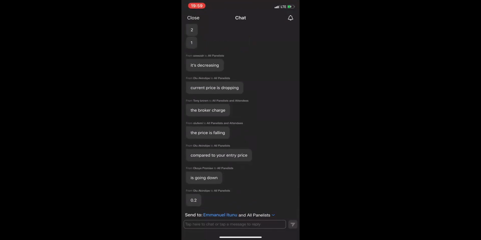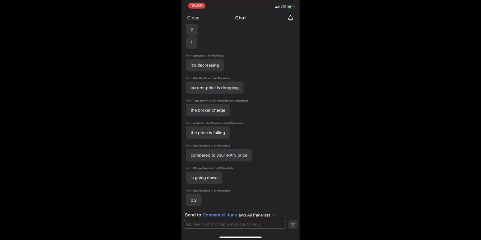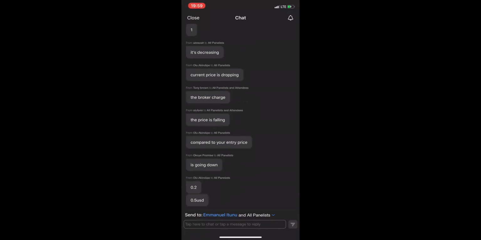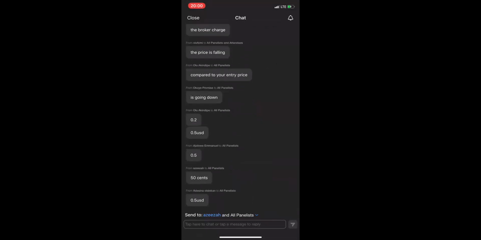Amazing. If I'm using 0.05, how much am I making per pip? 0.5 USD. Guys, am I not passing? Are you not following me? Amazing. Great. Not $5 though, Engineer Ewa.